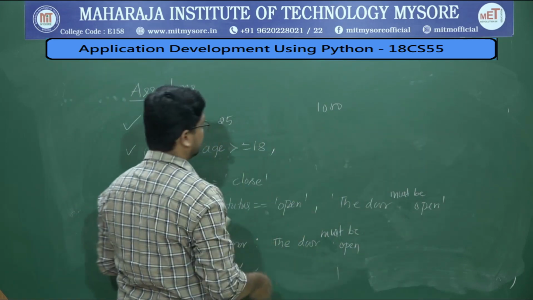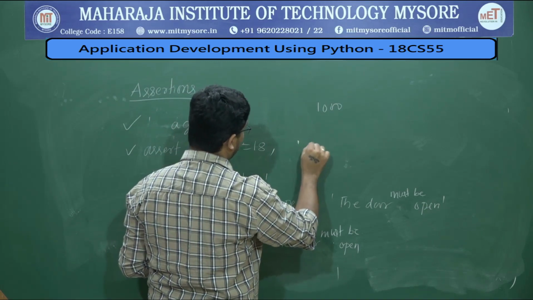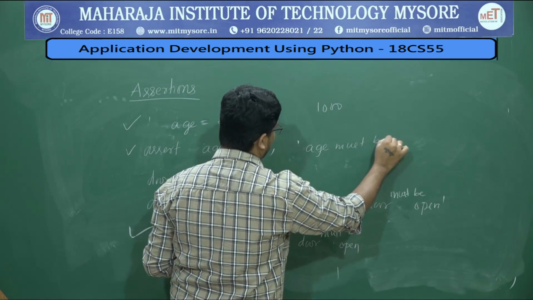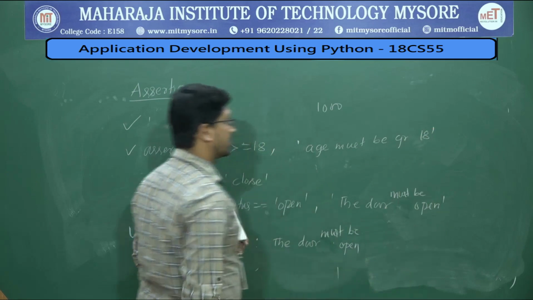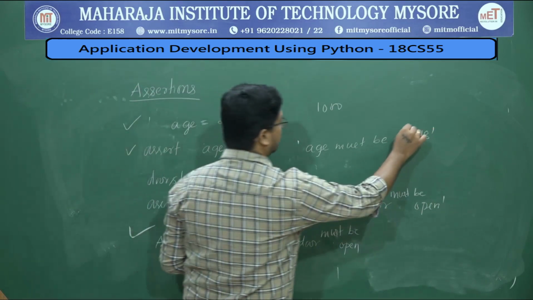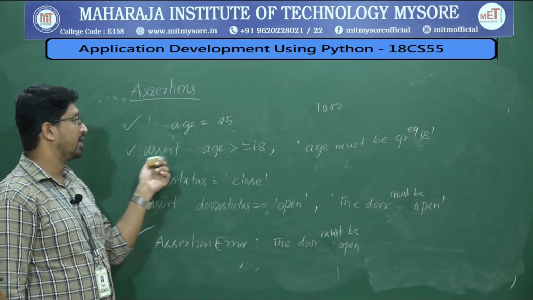The message will be: age must be greater than or equal to 18. So this is the assertion I have created.